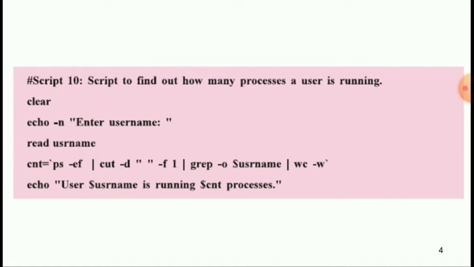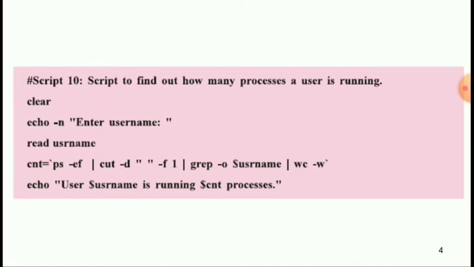Press i for insert mode, and then type the script. After that, in last line mode, type :wq, which means save the file and exit the vim editor. After that, to see the output of the script, in the terminal type the command sh, the file name and .sh, and then press enter.